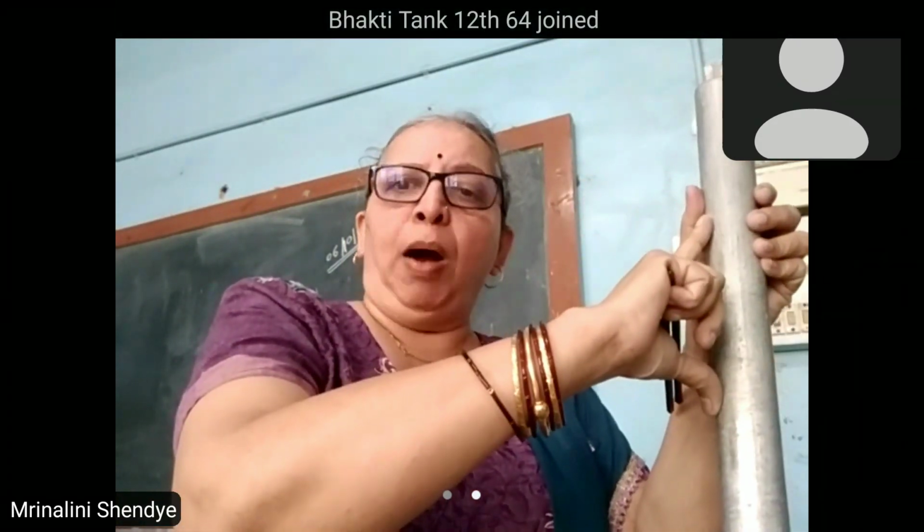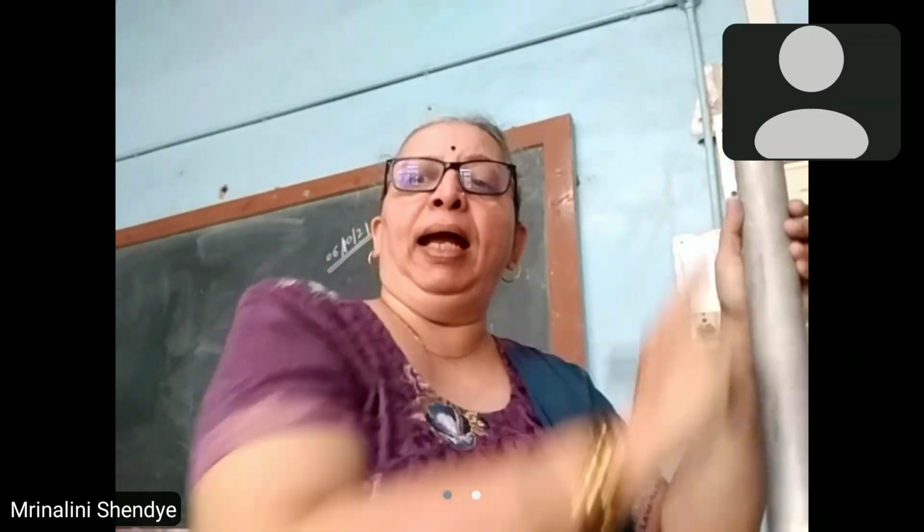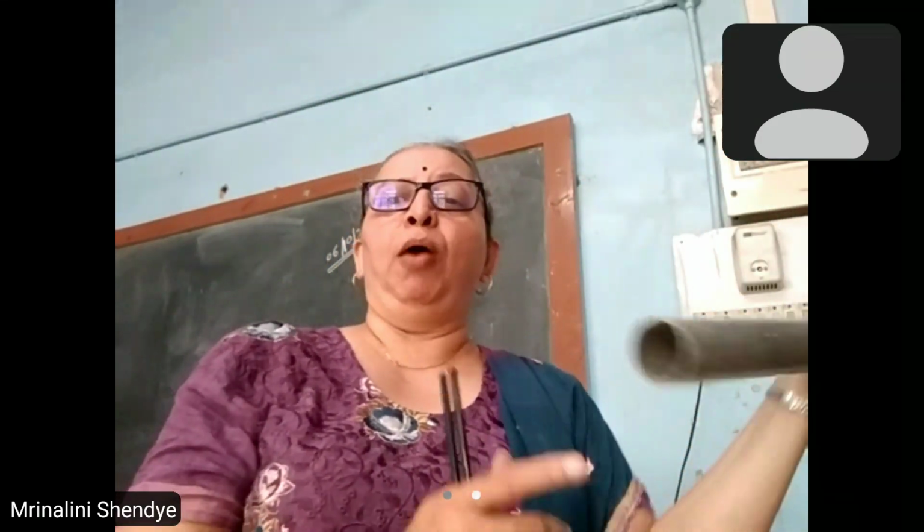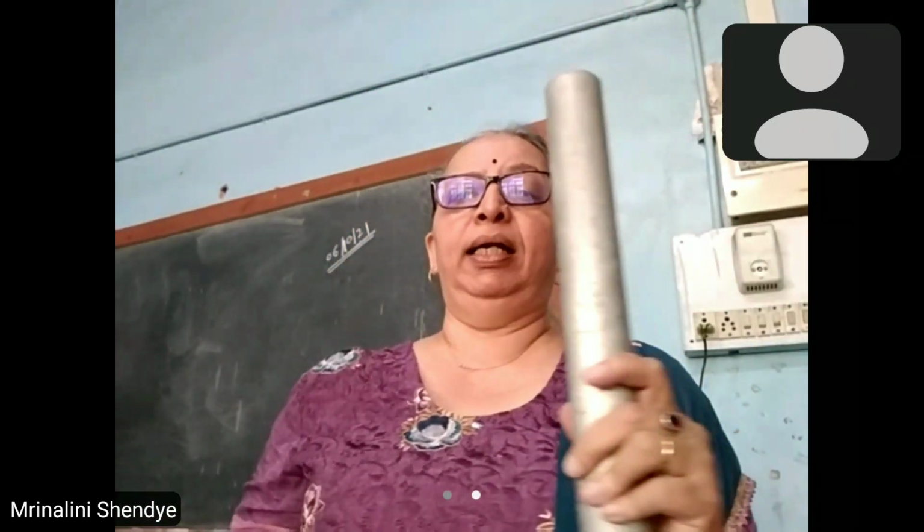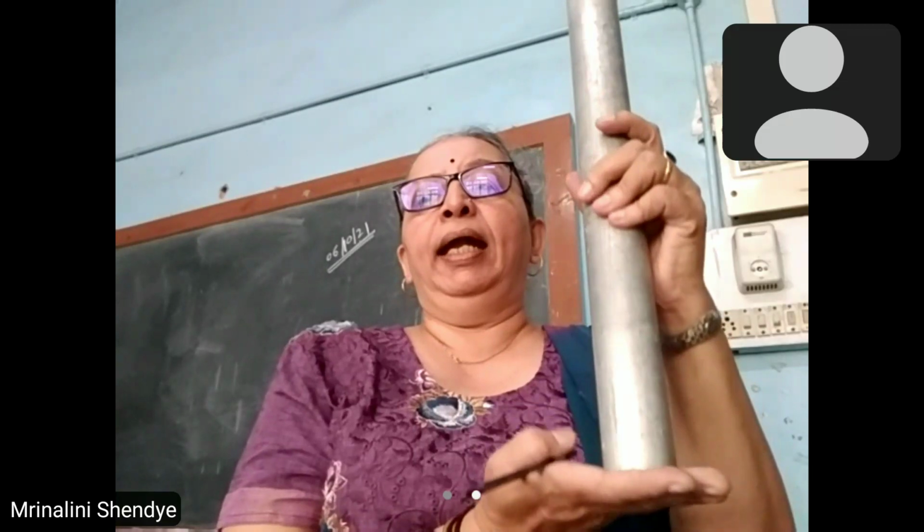Within this bounded air column in the pipe, two exactly identical waves along the same line in opposite directions superimpose, and the production of longitudinal stationary waves will be observed in this pipe. ये जो pipe है ना, वो जो bound है, if I keep this pipe exactly vertical with one end closed, means what?